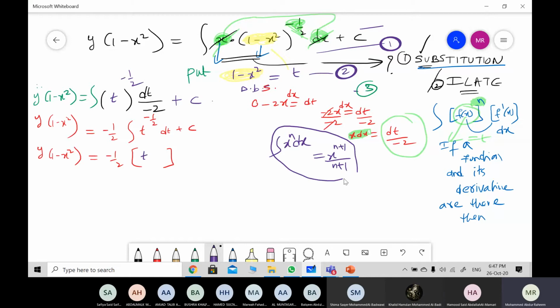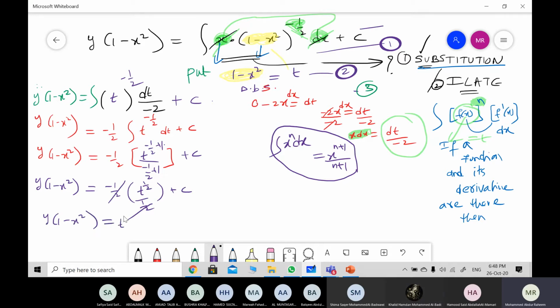So y equals minus half t power minus half plus 1 over half plus c. So we have 1 minus x square, t power 1 over 2 plus c.